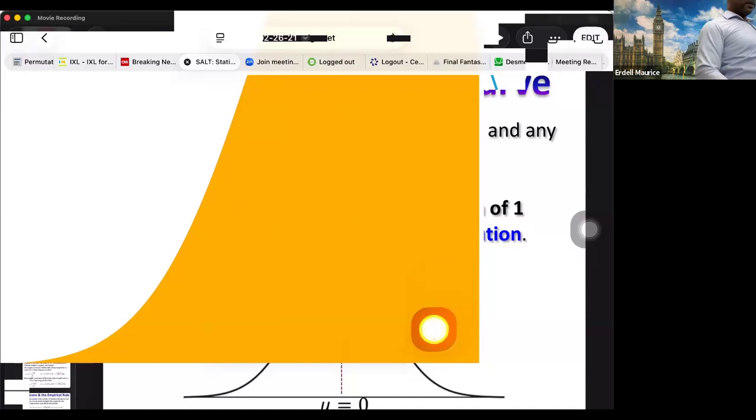If you're 1 standard deviation away, what percentage is this again? 68%, right? If you're 2 standard deviations away, you are 95%. And if you're 3 standard deviations away, you are 99.7%, almost all. Yes? Remember, you have to remember those 3 numbers. You will not be given them on the test. Question there?